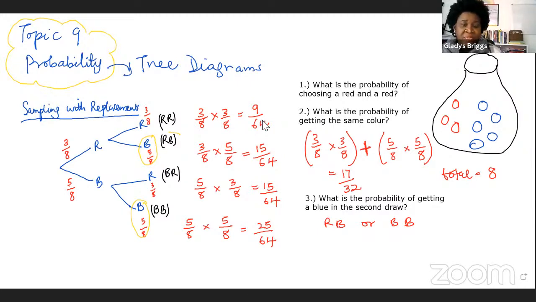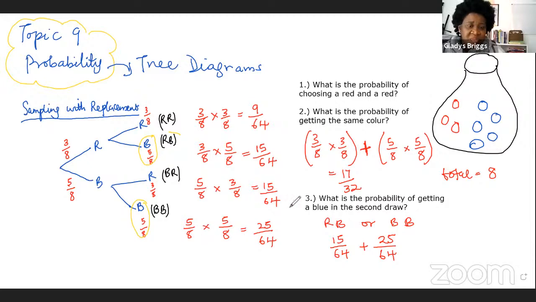5/4. I think you should check your answer because probability is not usually more than 1, and 5/4 is more than 1, obviously. So check it again for me, Abra. 15/64. We'll see now. So red and blue is 15/64. You got it there. Plus blue and blue is 25/64. You got it here.